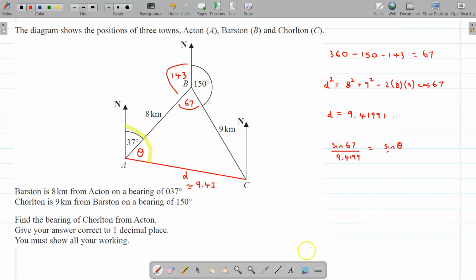So that's applying the sine rule. And therefore I just need to multiply both sides by 9.